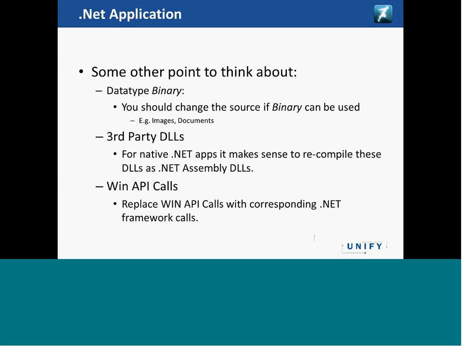And most of the problems we have are with third-party DLLs. So at this point, to create native .NET applications, it makes sense to recompile these DLLs as .NET DLLs. For example, we are dealing at the moment with a few customers in Europe, and they have all these DLLs.